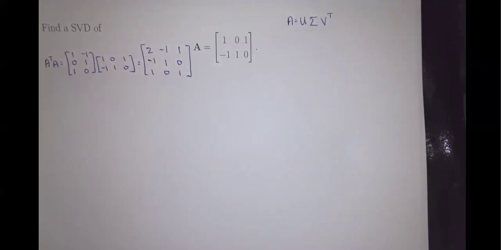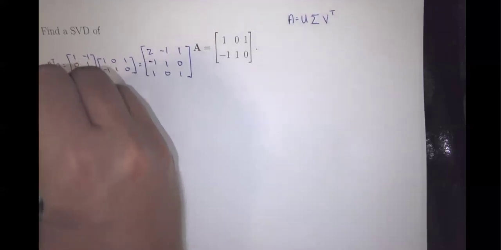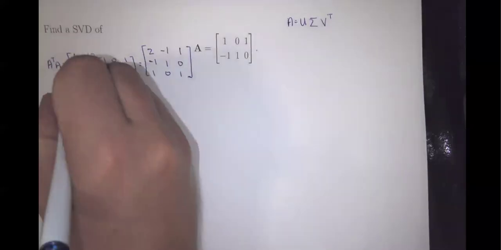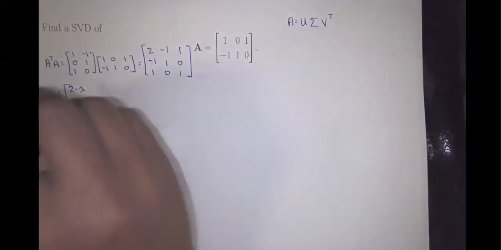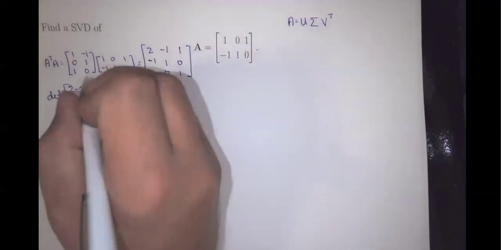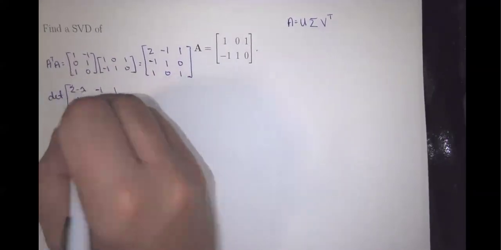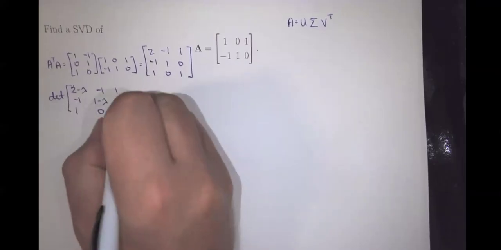Fantastic. Now, we need those eigenvalues. So we have 2 minus lambda, minus 1, 1; minus 1, 1 minus lambda, 0; 1, 0, 1 minus lambda.